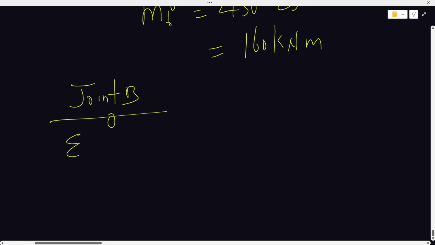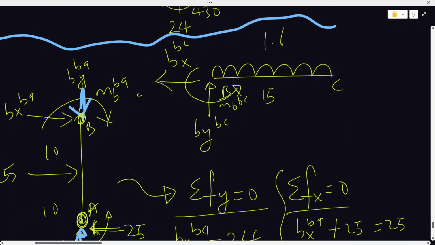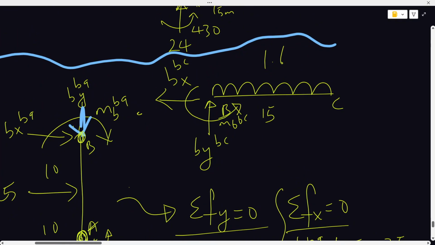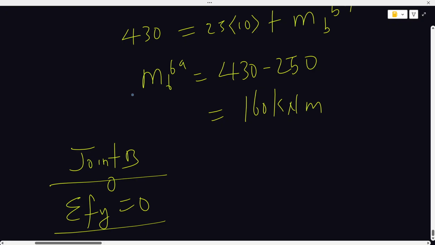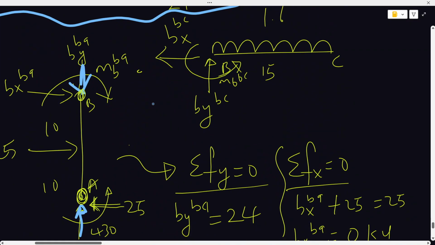Summation Fy is equal to 0. Applying summation Fy to joint B. I mean, this is joint B. Looking at our structure, this is B, just look at it, and come here.